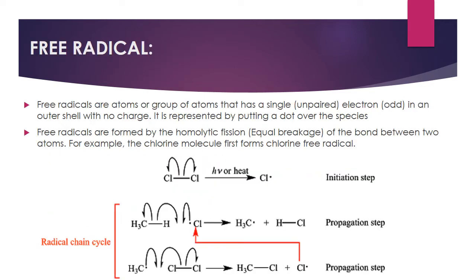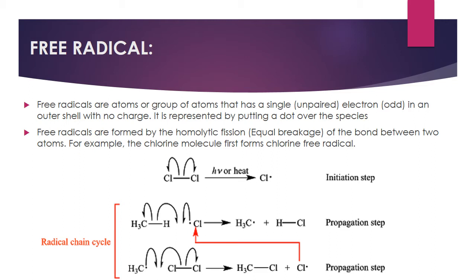Free radical. Free radicals are atoms or groups of atoms that have a single unpaired electron, meaning if the electrons present in the outer shell are in odd number, then one electron must be unpaired. So the atom has an unpaired or unshared electron in an outer shell with no charge.